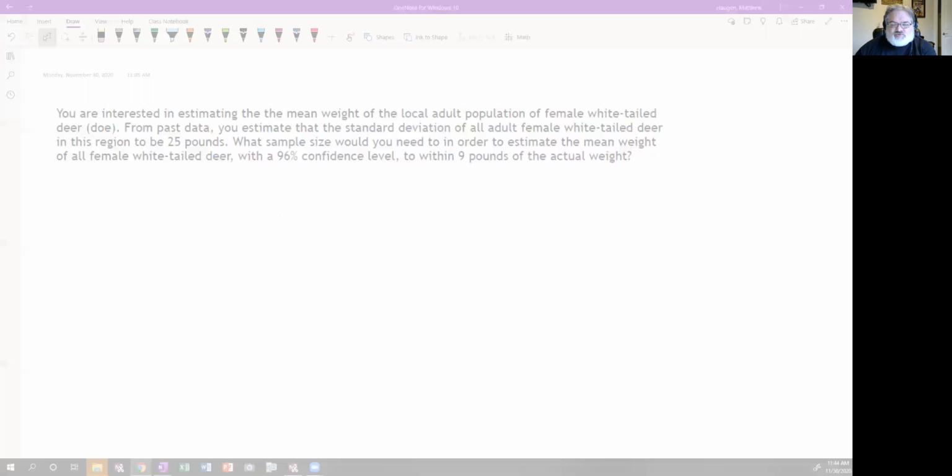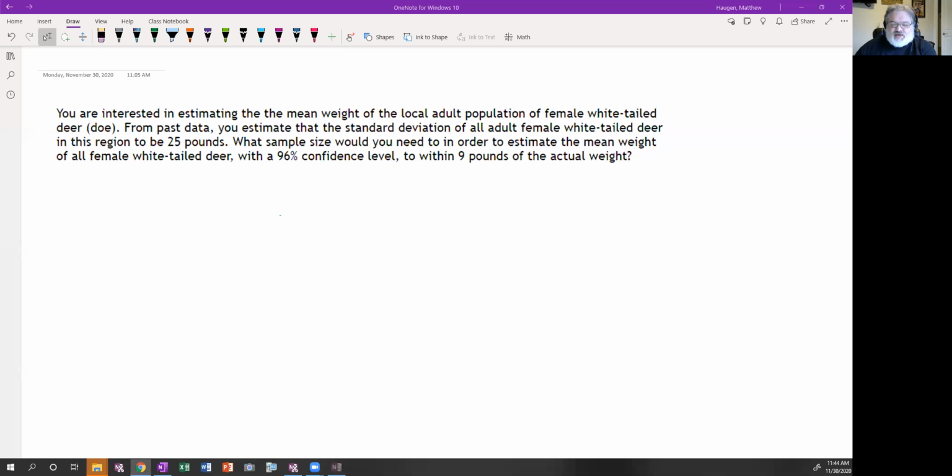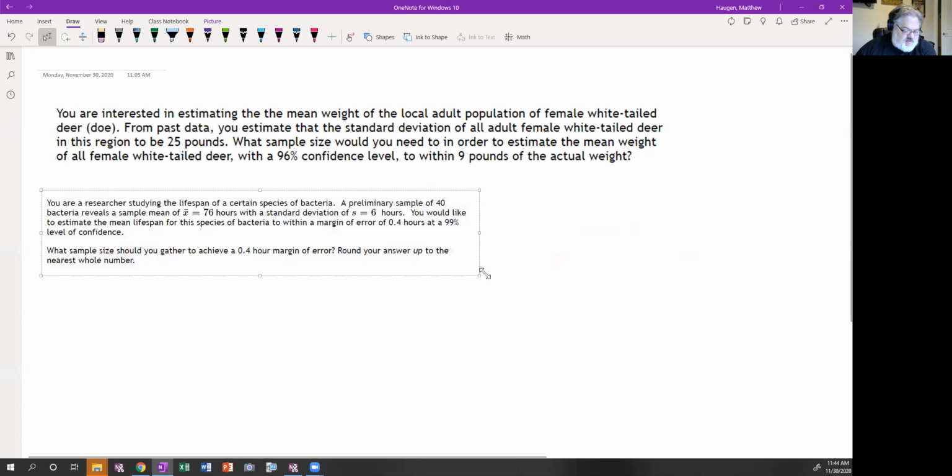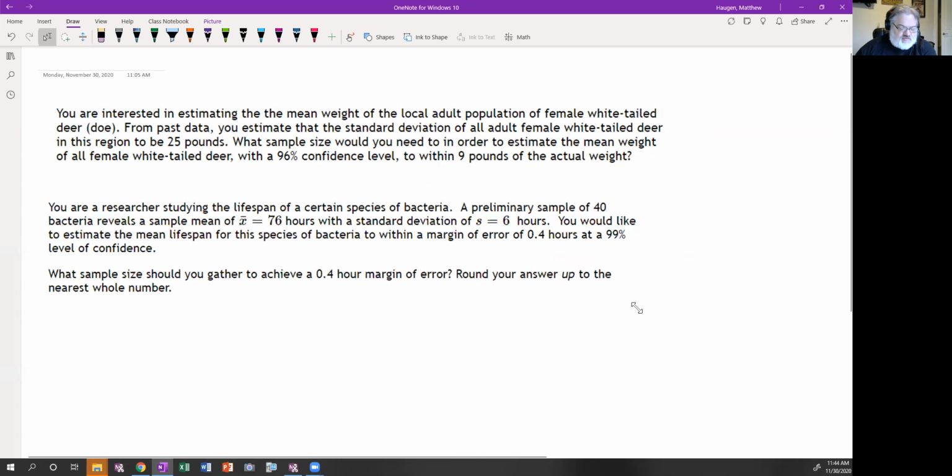It's similar to this one. These population ones, or sample size ones, generally cause trouble. When in doubt, sample a couple thousand.